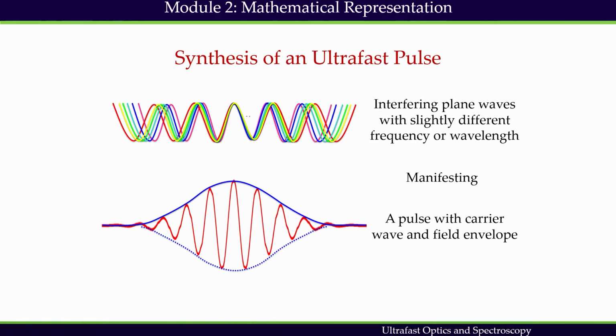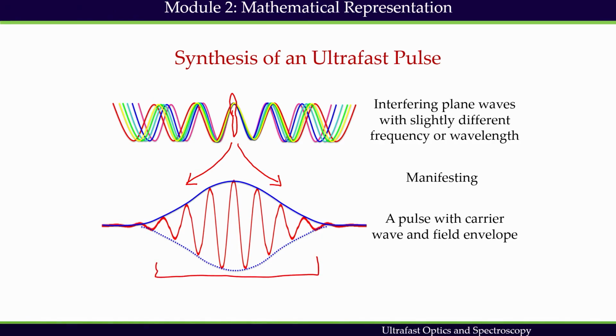They have slightly different frequencies and they are interfering, having constructive interference in this regime. This is localizing electromagnetic energy in time. So the interference of different plane waves results in localization of electromagnetic energy in time, which is nothing but a pulse.